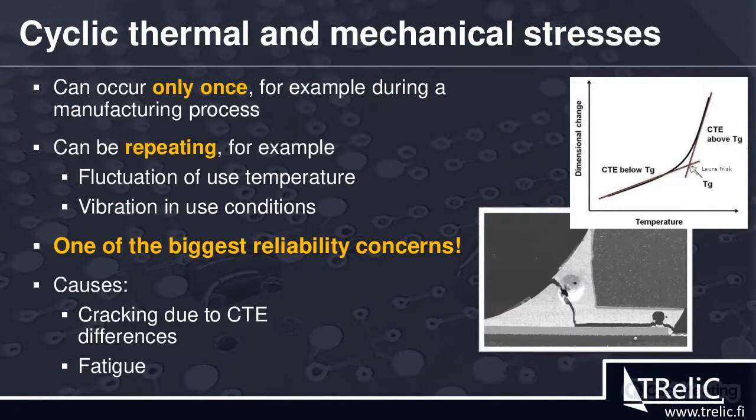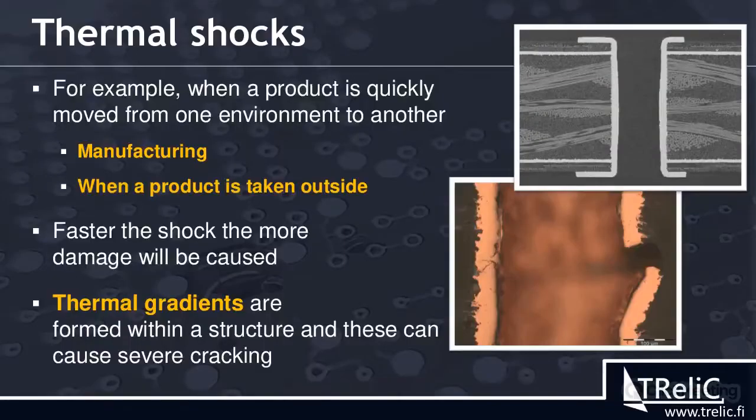So we have this glass transition point where the polymer material softens, or it can melt, but in many materials it only softens. So we can use the polymer above this point, but it is very important to notice that the thermal expansion increases a lot, and this can cause huge problems in many products. So it is very important to check beforehand, or at least during the failure analysis, if this has happened.